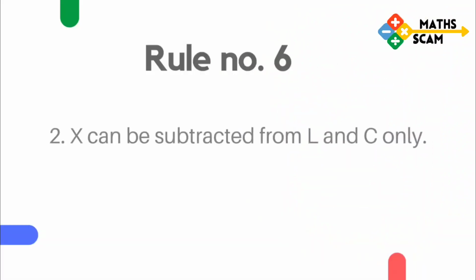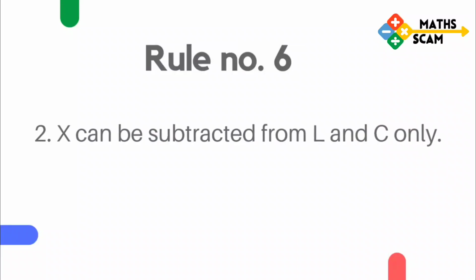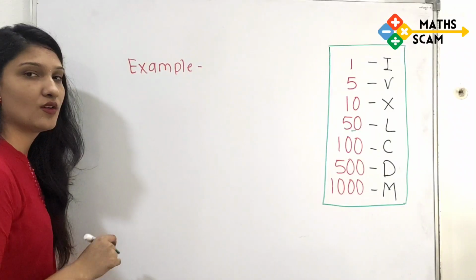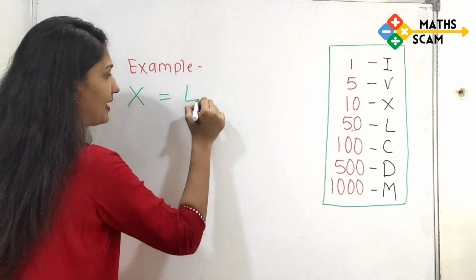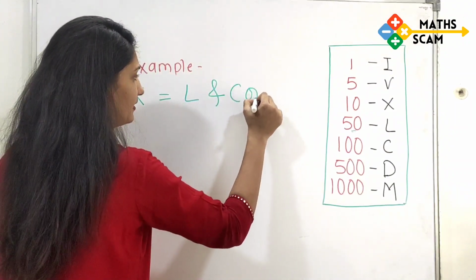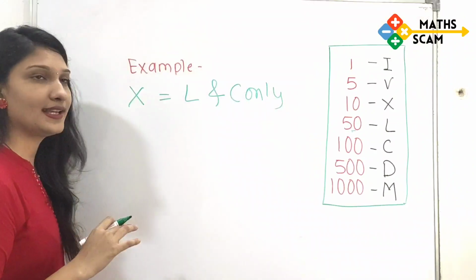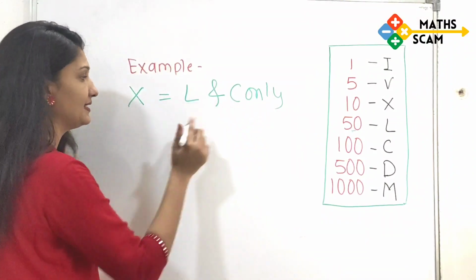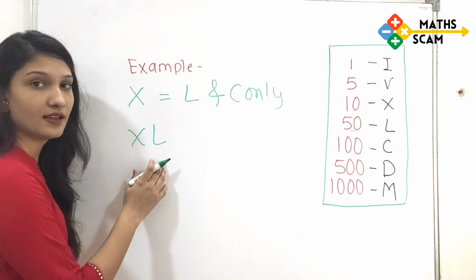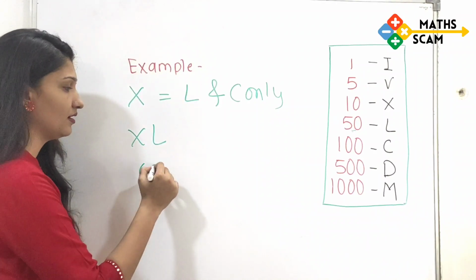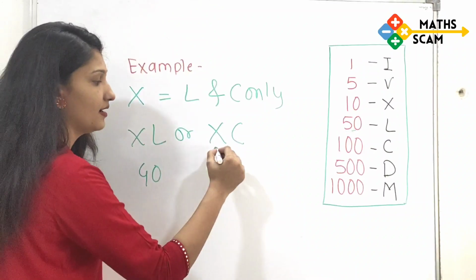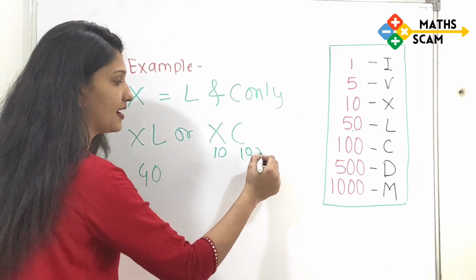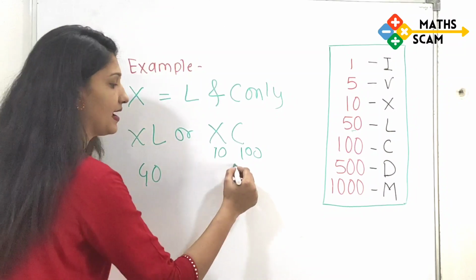Remember that. X can be subtracted from L and C only. What they say is X can be subtracted from L and C only. So X only comes before L and C. So it is XL, that is 40, or XC, where X is 10, C is 100. So 100 minus 10, 90.